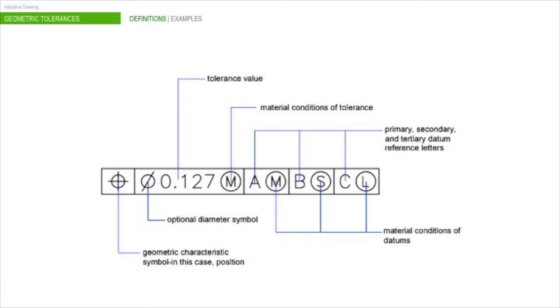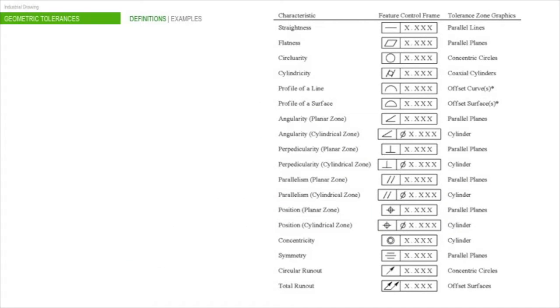The second compartment contains the tolerance. The remaining compartments contain the datum planes or axes in the proper sequence. There are different types of characteristics and we'll go in depth later.